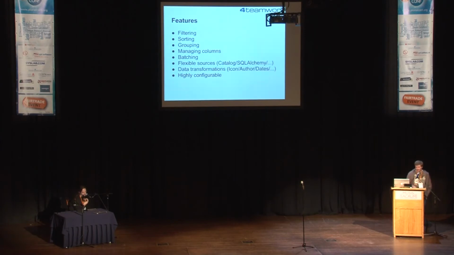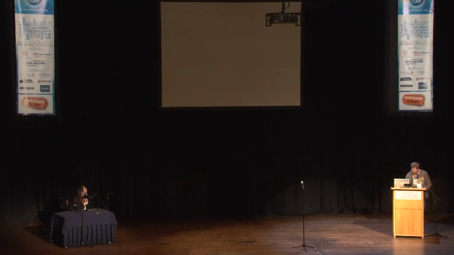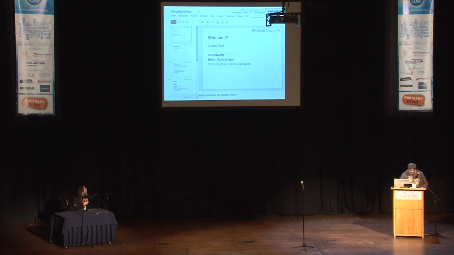You can, for example, just use a catalog source, but you can just as well write an adapter for SQLAlchemy objects. You can do data transformations. For example, you get back a username, but what you actually want to display in the table is the full name, so you can write a helper that does this transformation, looking up the full name by the username, and lots of other features that I'm not going to mention here.